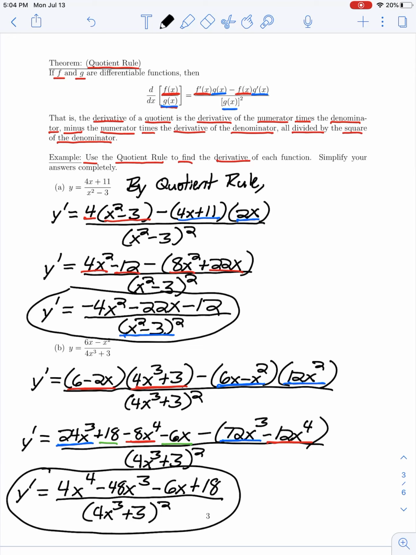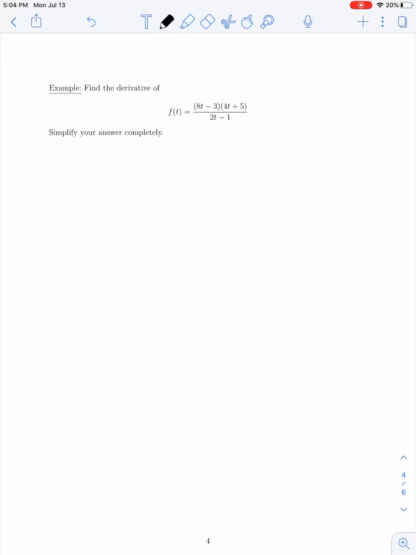So in these first few examples, we've seen now how to find the derivative of a product of functions or a quotient of functions. So let's consider an example where we might have to make use of both rules within the same problem.